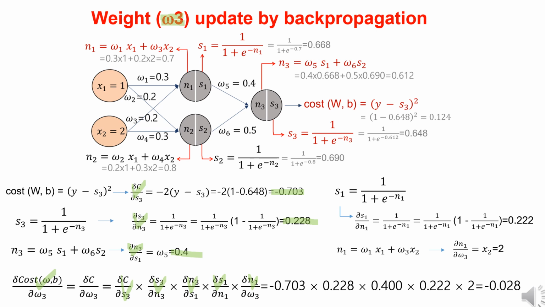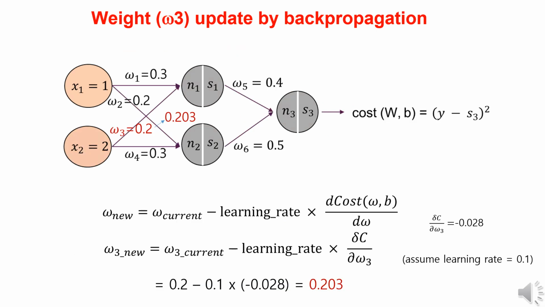The partial derivative of S1 with respect to N1 is 0.222. The partial derivative of N1 with respect to omega 3 is 2. By multiplying these five values together, we get negative 0.028.